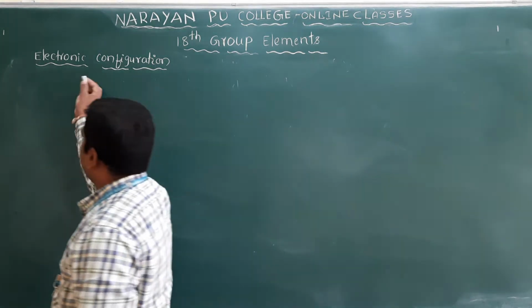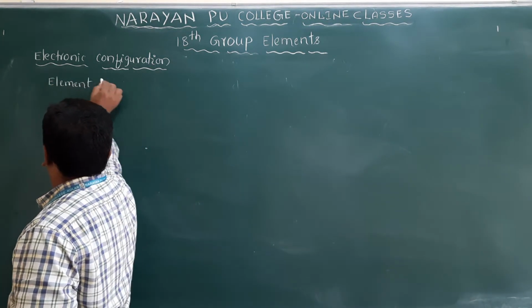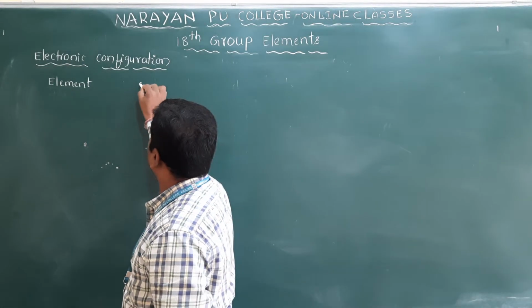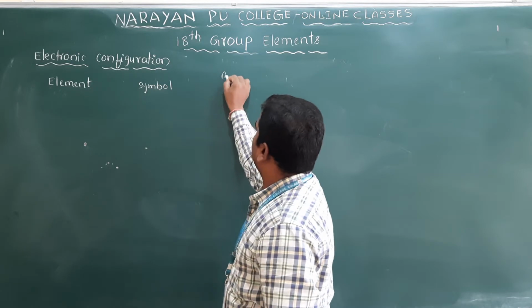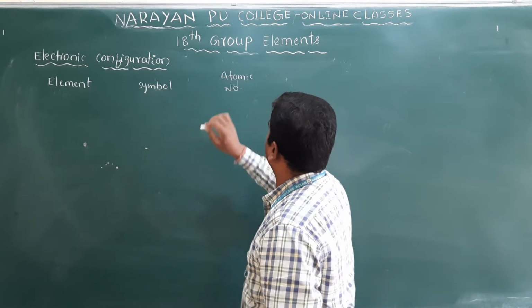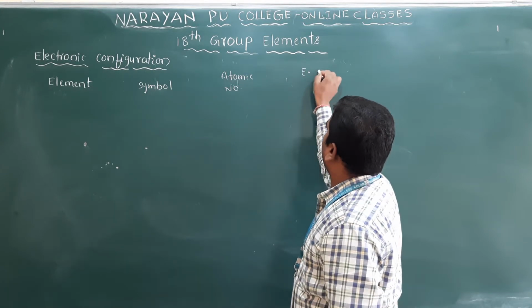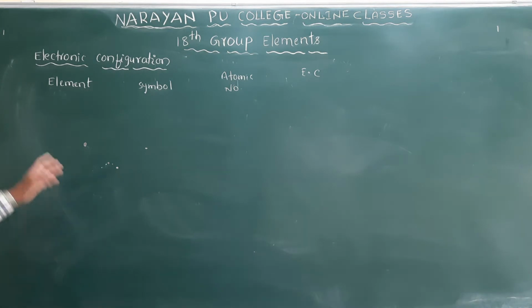First one is element, then symbol, atomic number, and electronic configuration. Atomic number and what is it? Electronic configuration.